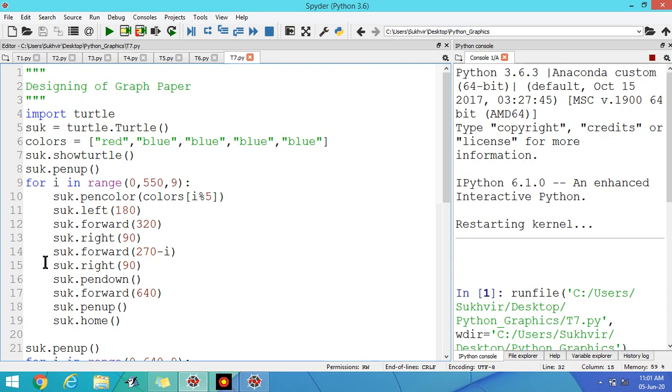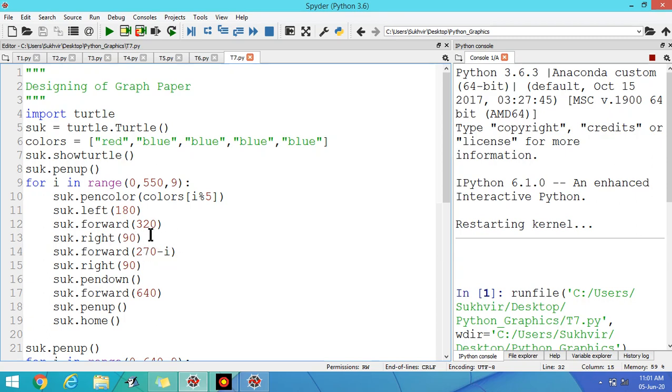Then the first for loop: movement of turtle at an angle of 180 degree. Then forward 320, basically it's moving backward. Then upward, setting right at an angle of 90 degree, it means moving upward.